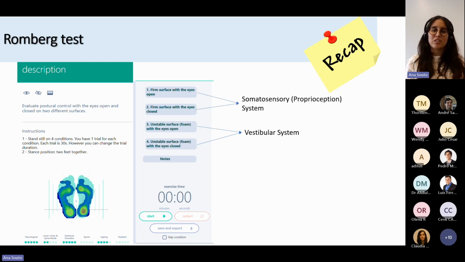Of course, it is normal to see an increased sway, because the patient is relying on only one sensory system. What is not normal is for the patient to fall, lose balance, or take a step in the swaying direction. Here the stance is the Romberg stance, feet together, and it's very easy and very fast to perform.